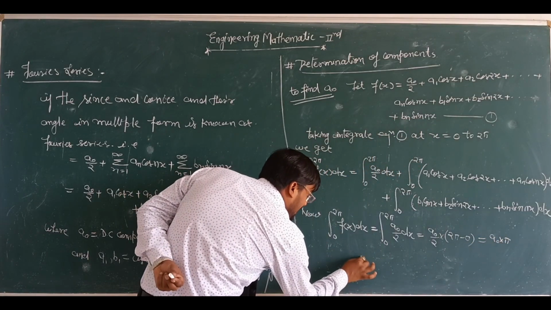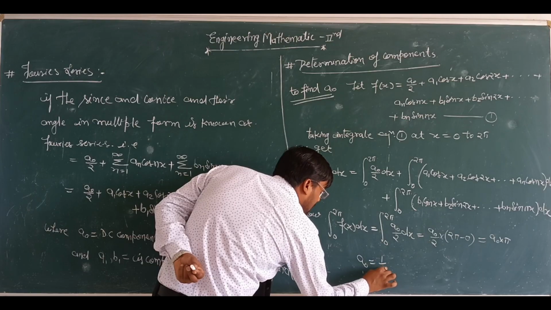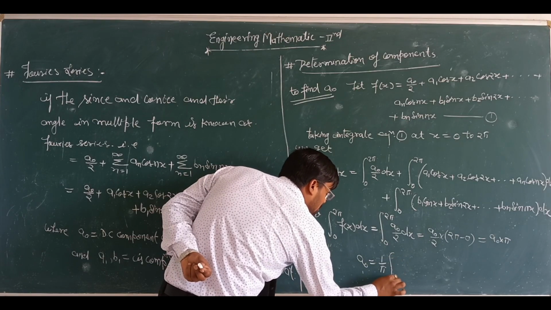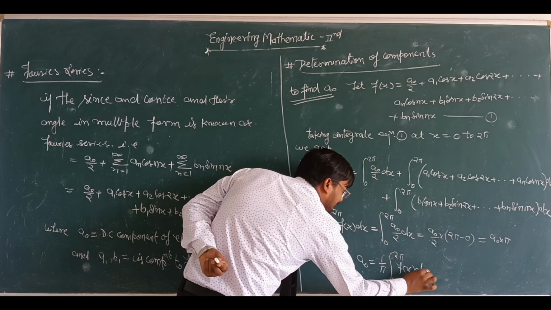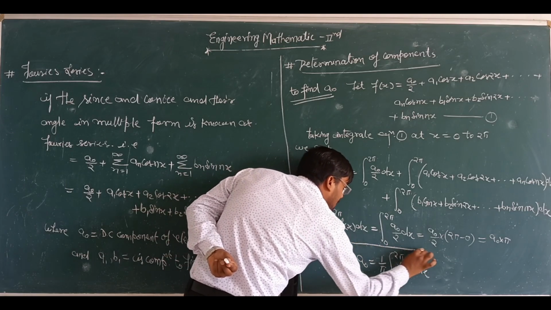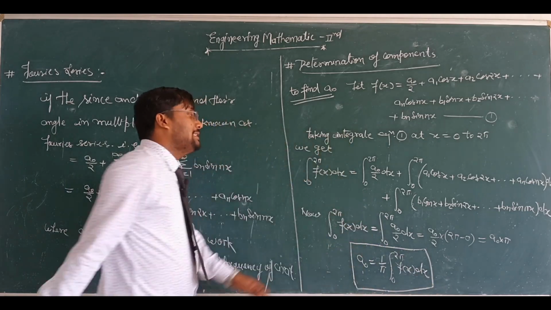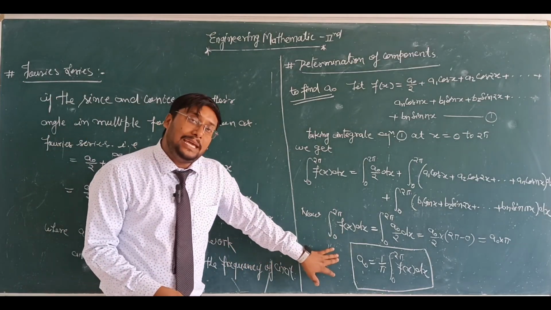So you can simply say a naught is equal to 1 by pi integration 0 to 2 pi f(x) dx. This is the value of the first component a naught.